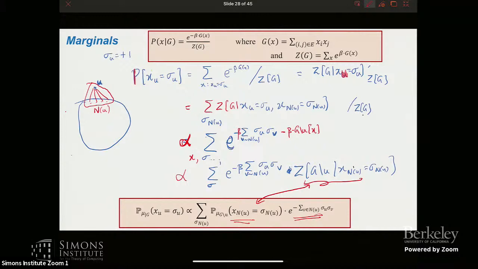It's a very simple equality. It's the Markov property. So this is true in every graph, and so far we're in good shape.